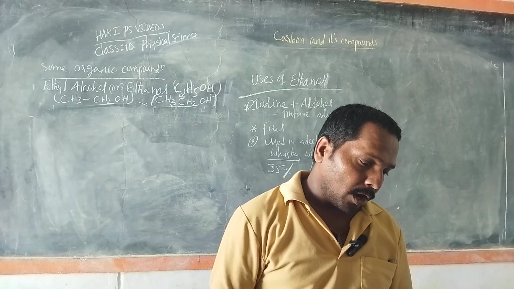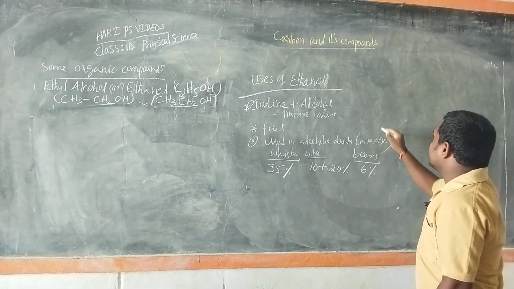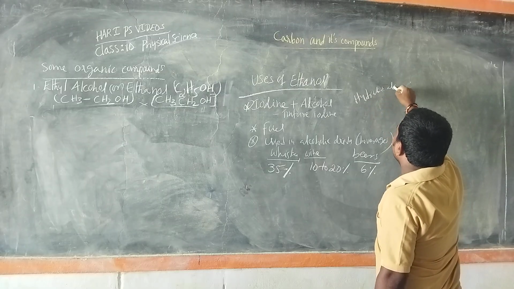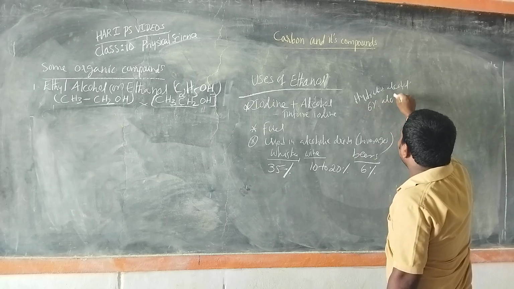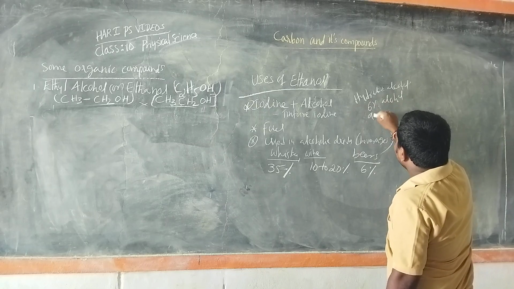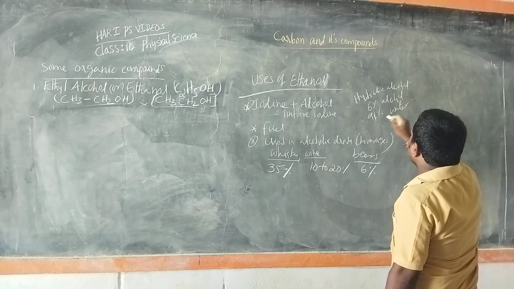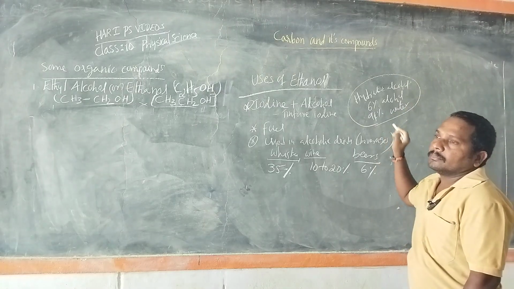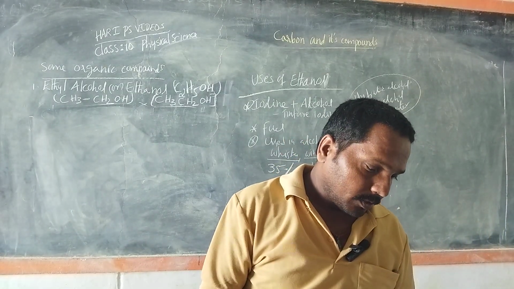Hydrated alcohol contains 6% of alcohol and the remaining 93 to 94% is water. This is called hydrated alcohol, present in beer.